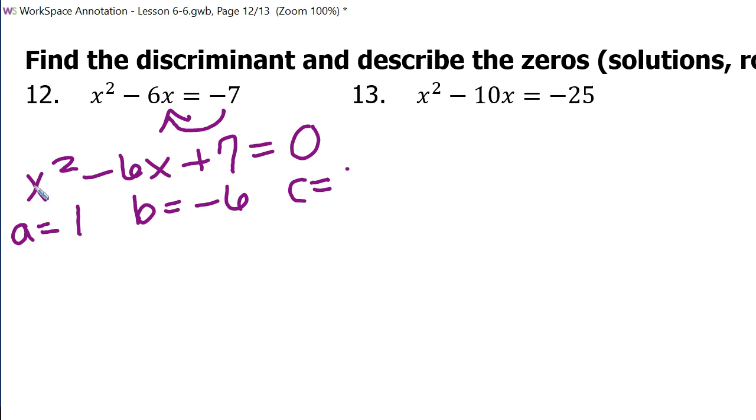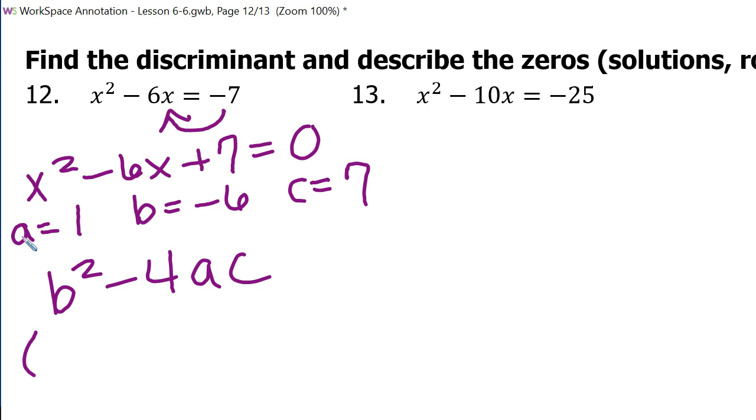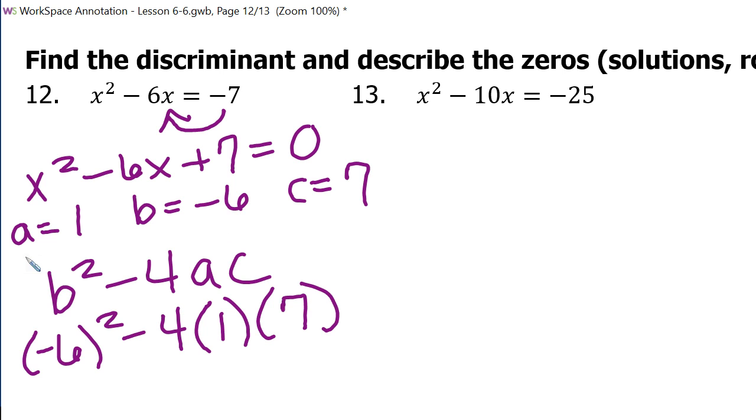Then you need to find the discriminant. So the discriminant is just b squared minus 4ac. So what do I put for b? So this would be negative 6 squared. So this negative, put it in parentheses. Minus 4. What do I put for a? 1. What do I put for c? 7. Simplify. Exponent first. What's negative 6 squared? 36. Put your minus.